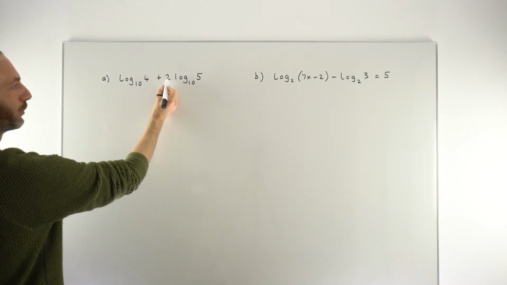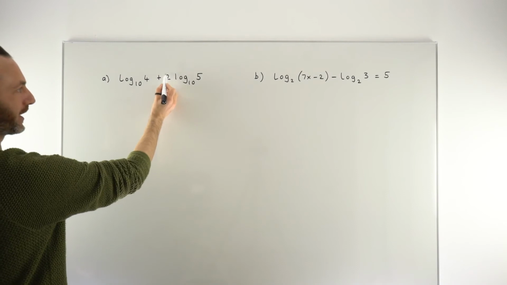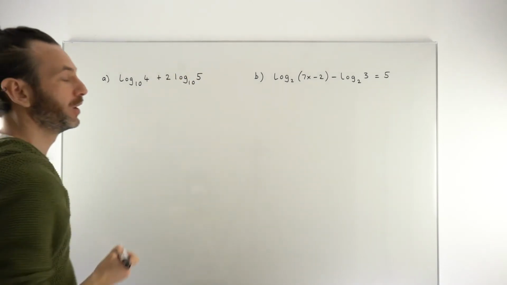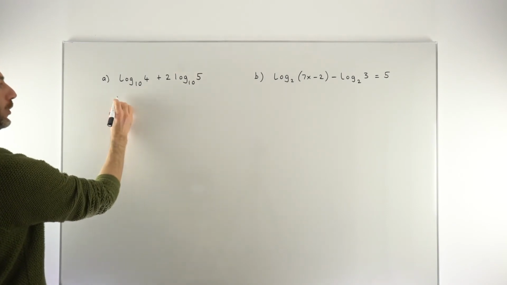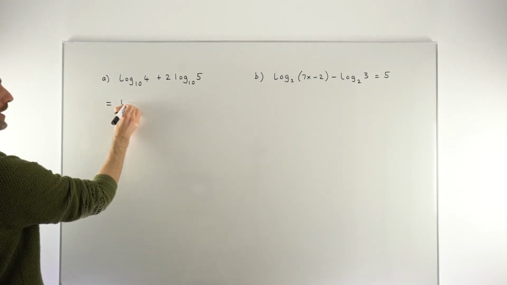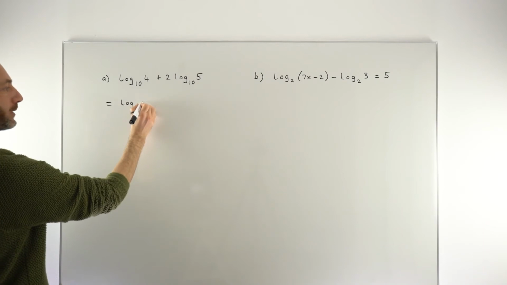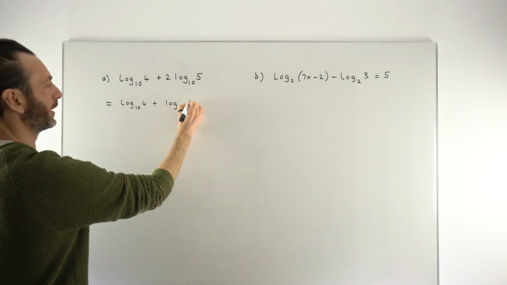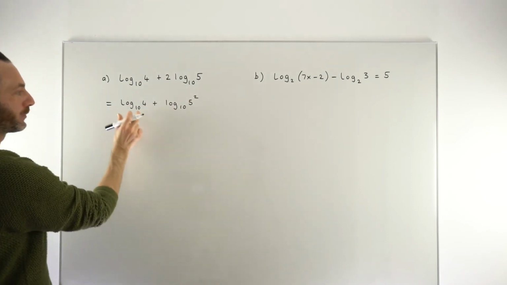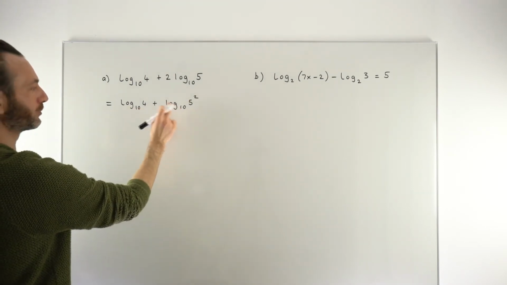So our first move will be to take the log rule that says if there's a number in front, you can put it up onto the power. Always scanning across to see what scenario you've got. So we will just keep the first term like this. The second term, we're just going to put that 2 up onto the 5 as a power. Now we've got a log term plus a log term with no number in front.